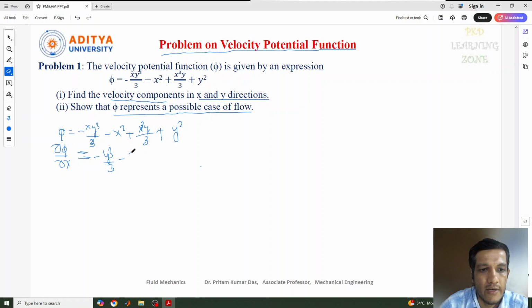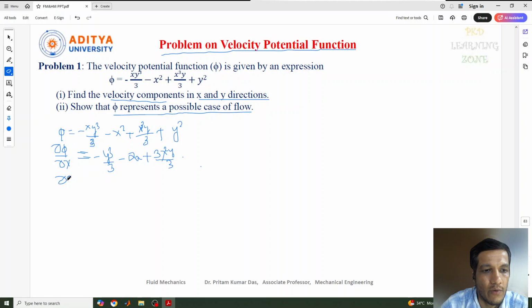Now this one will get minus 2x, plus this will get x cube by 3, so that means we get 3 x square y by 3, and this term is nothing. So del phi by del x, you will get this equation. This is along the x.